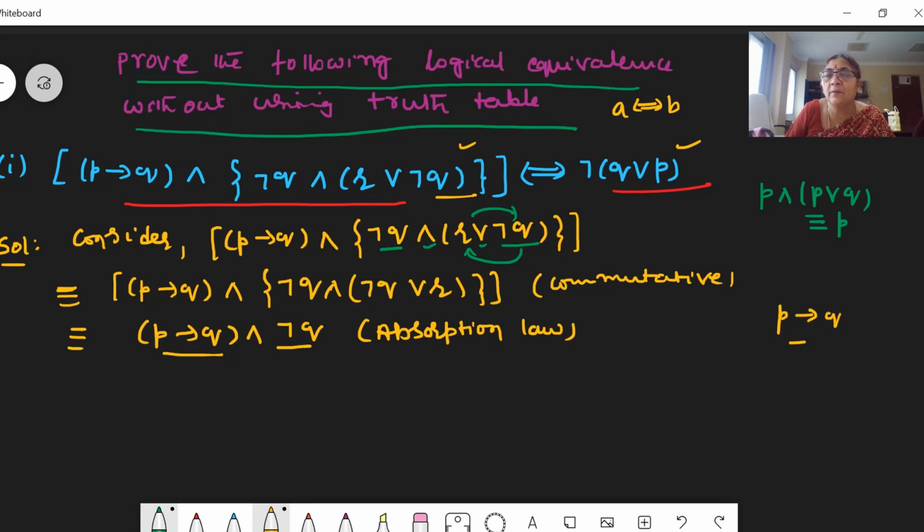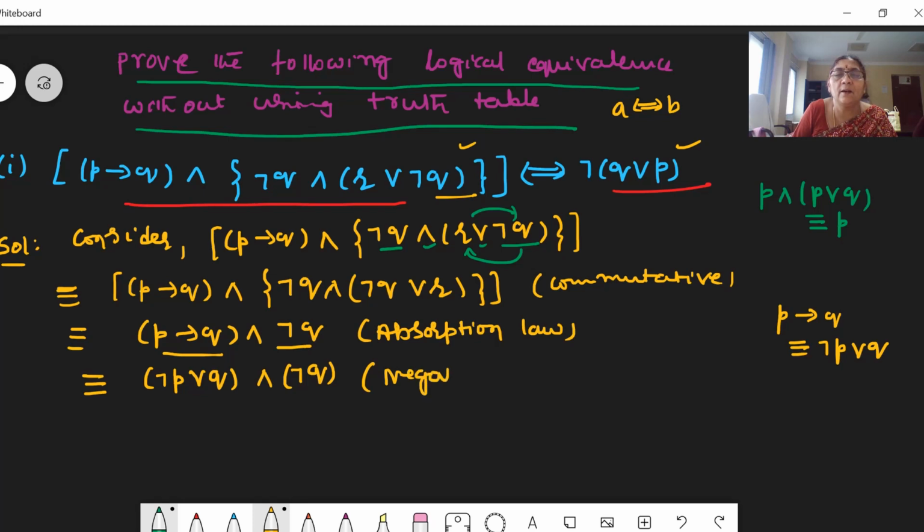What does the conditional law say? P → Q is logically equivalent to ¬P ∨ Q. From this, it can be written as (¬P ∨ Q) ∧ ¬Q. Here we have a disjunction and here a conjunction, so I go for the distributive law.